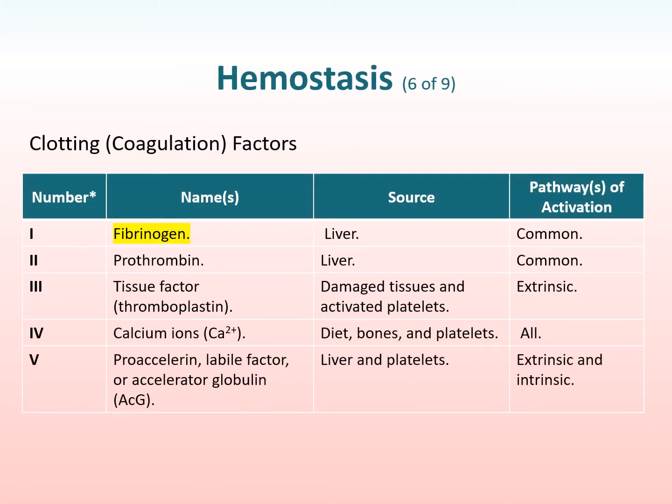The first one is fibrinogen. That's the most abundant. Prothrombin is the second most abundant. And tissue factor or thromboplastin is released from damaged tissues and activated platelets.